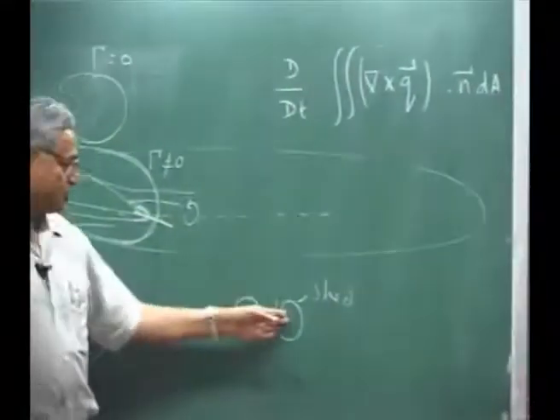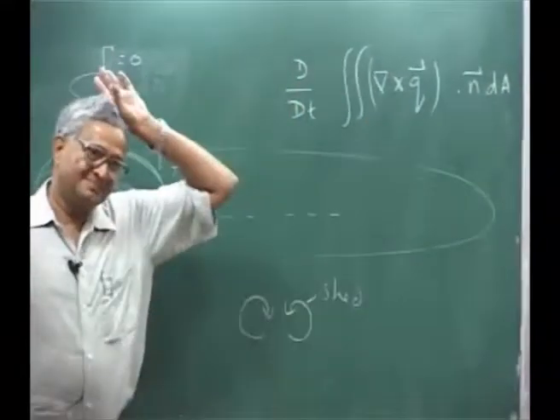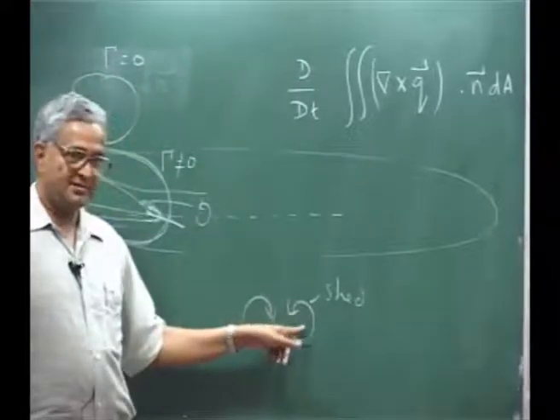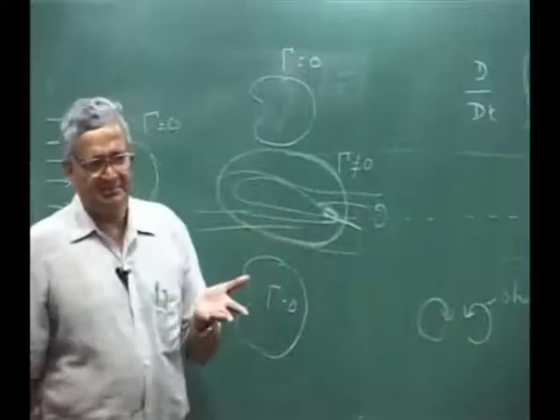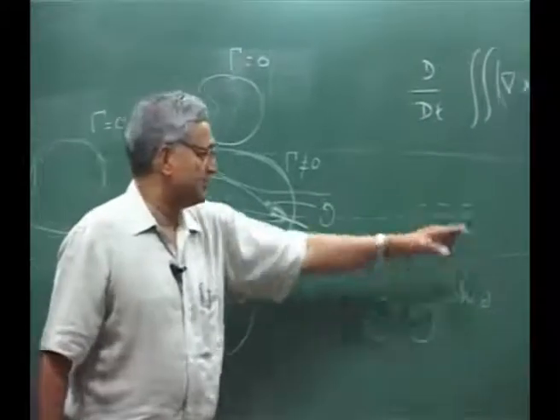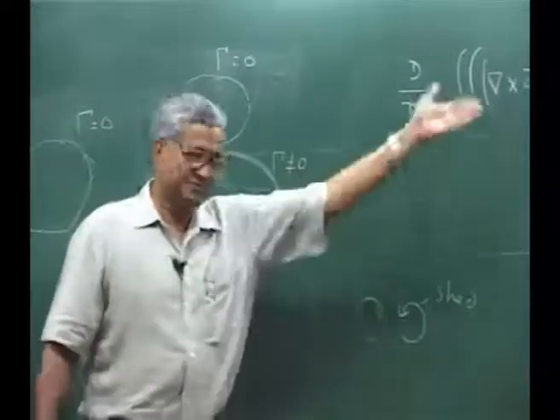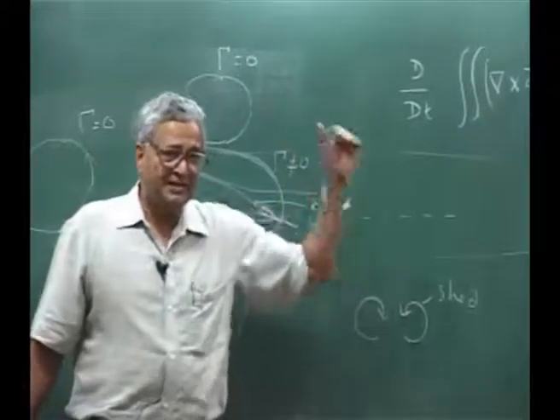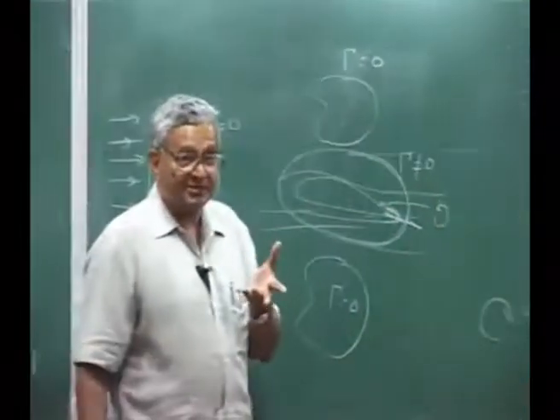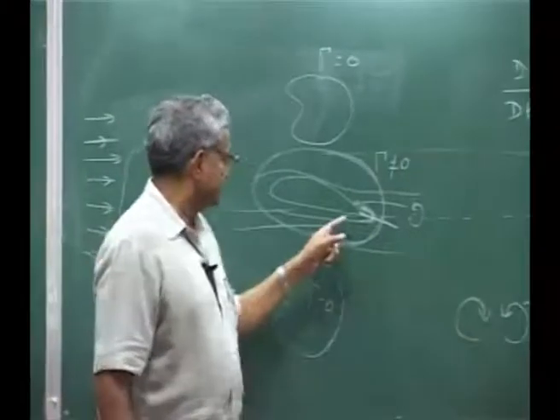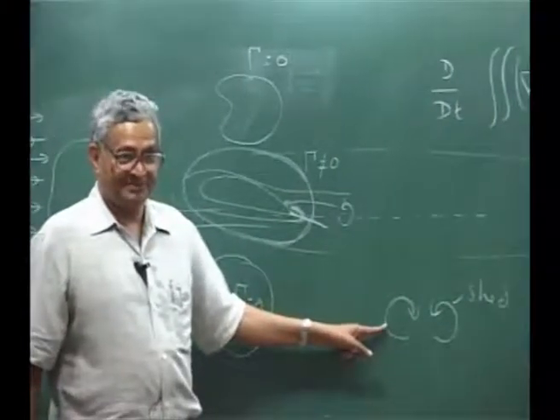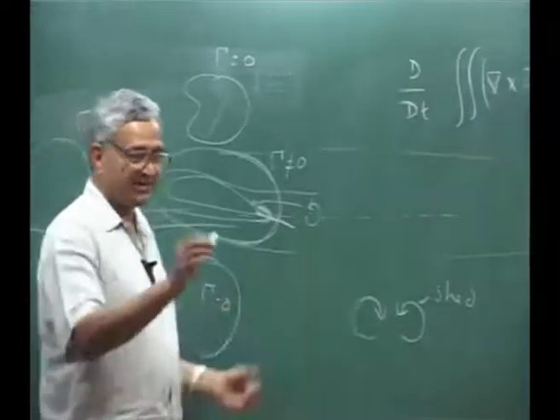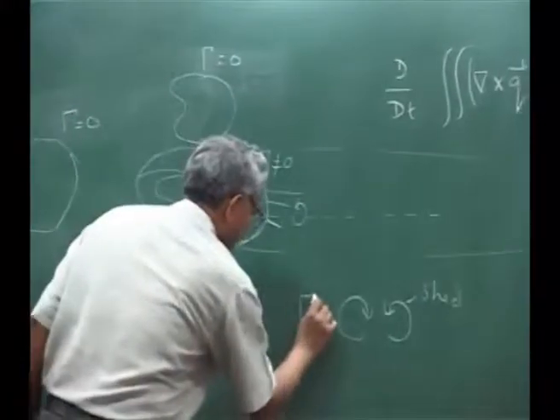But then once it goes far away, the effect of this on the aerofoil is negligible, because once it is at infinity, it goes very far away. Then the only influence around the aerofoil is this circulation. Okay. We define that circulation as, you must have seen, gamma.